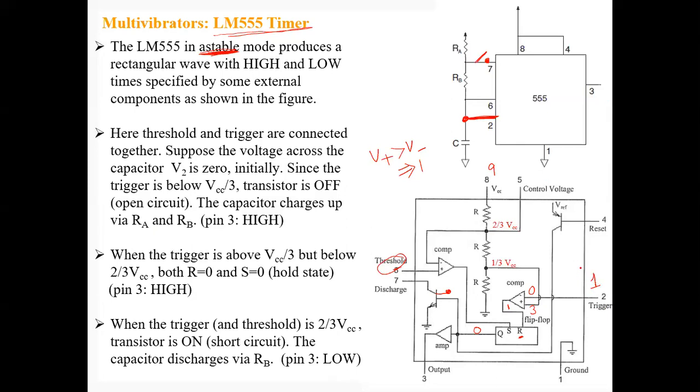Let's say this is 1 volt, this is 3 volt. When this is 1, this is 0. When this is 0, this is open. This is open means this guy is open. When this guy is open, all the current flows to here and it charges the capacitor.